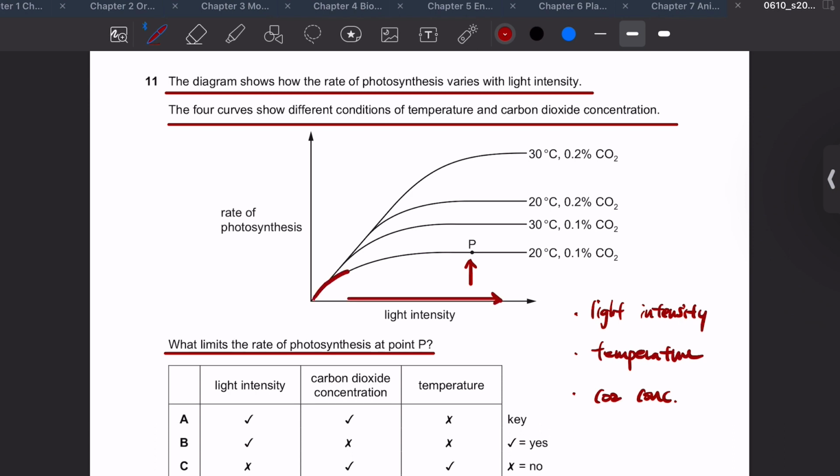In this graph, you can see that as the light intensity increases, the rate of photosynthesis also increases. But when you see the bottom one, the lowest line here, at point P, the rate of photosynthesis is no longer increasing, although the light intensity keeps on increasing.